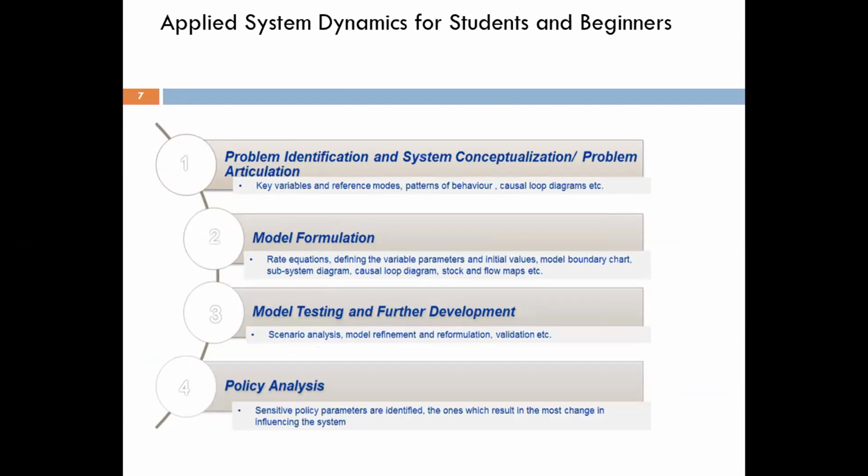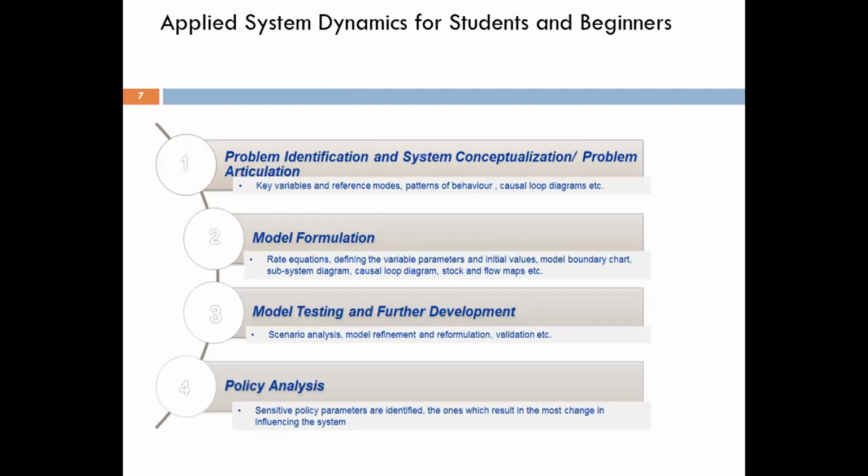In this step, lots of practitioners would say, listen, you have to identify the key variables, you have to understand your reference modes, patterns of behavior should be identified, and some people actually develop the causal loop diagrams in step 1.